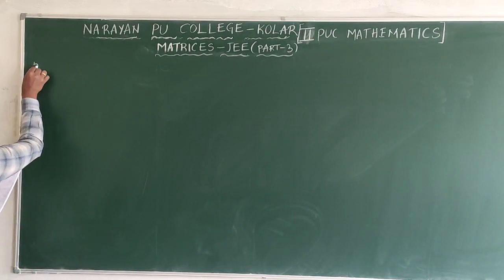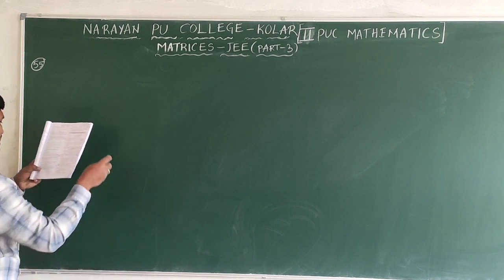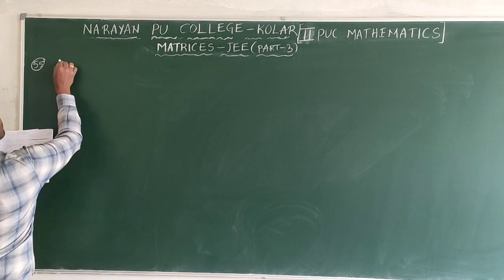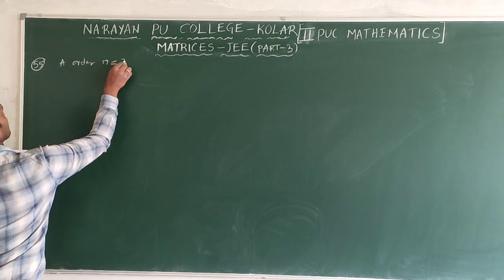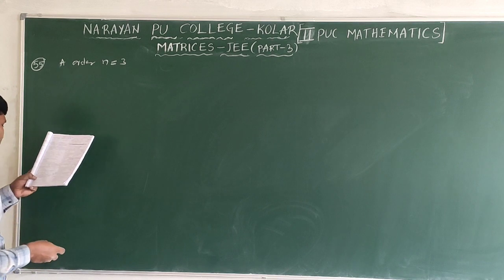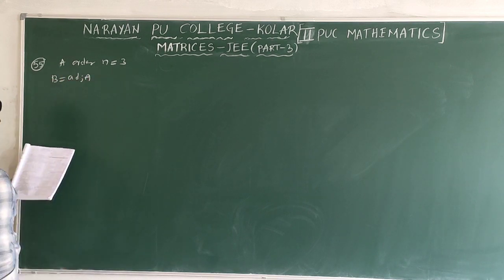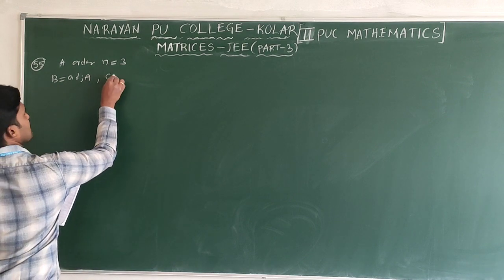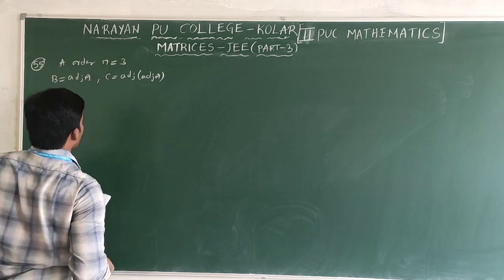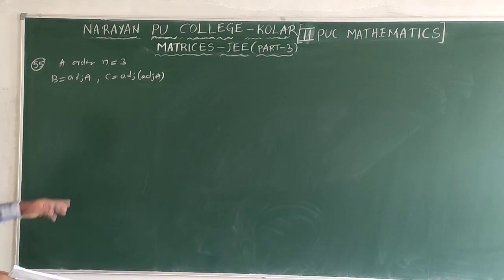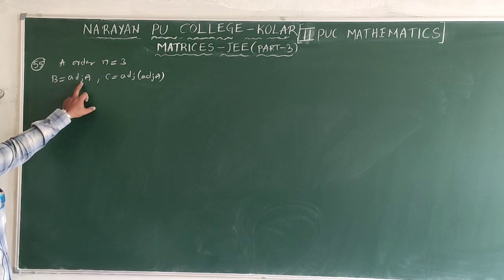Question number 55. A be a matrix of order 3 by 3. Now A order is given, that is n is 3. B, C, D are given clearly. B matrix is adjoint A. C matrix is adjoint of adjoint A. Because the A matrix order is 3, B and C order is also 3, because it is related to adjoint A. Adjoint A will also be a 3 by 3 matrix.